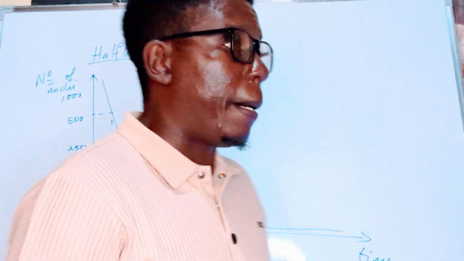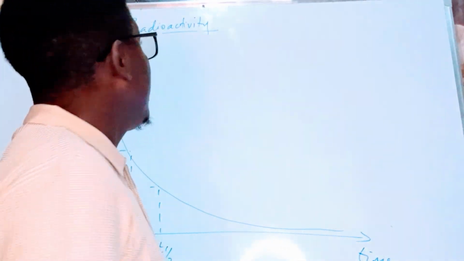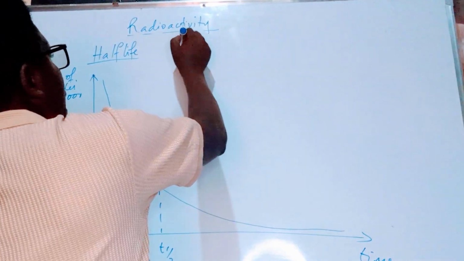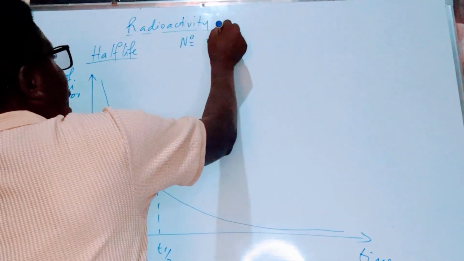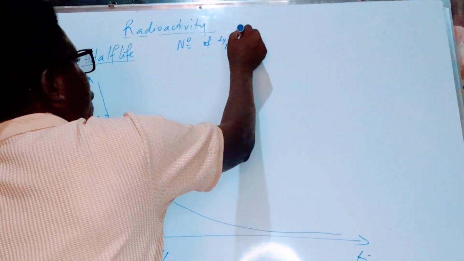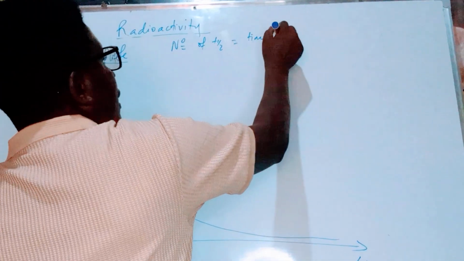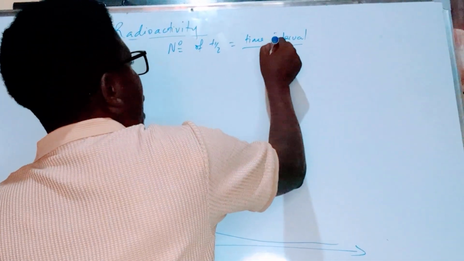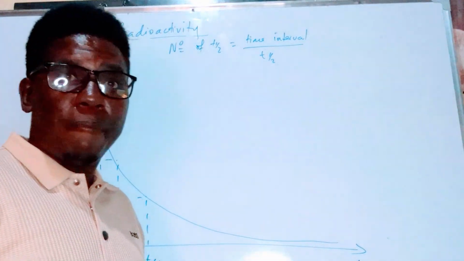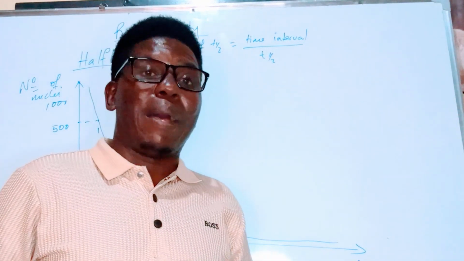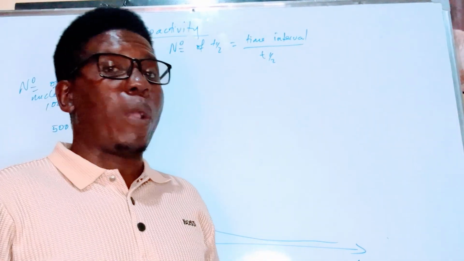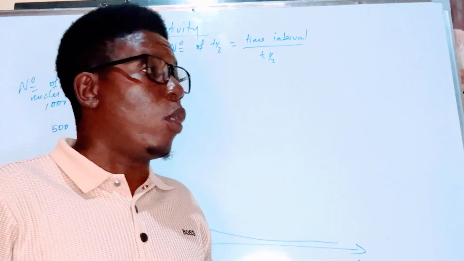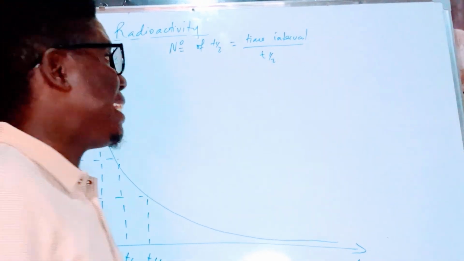So there is a formula that we use, which is the number of half-lives, T half, is equal to time interval over half-life. In our lesson today, let's say we've got a radioactive sample whose half-life is 3 seconds.